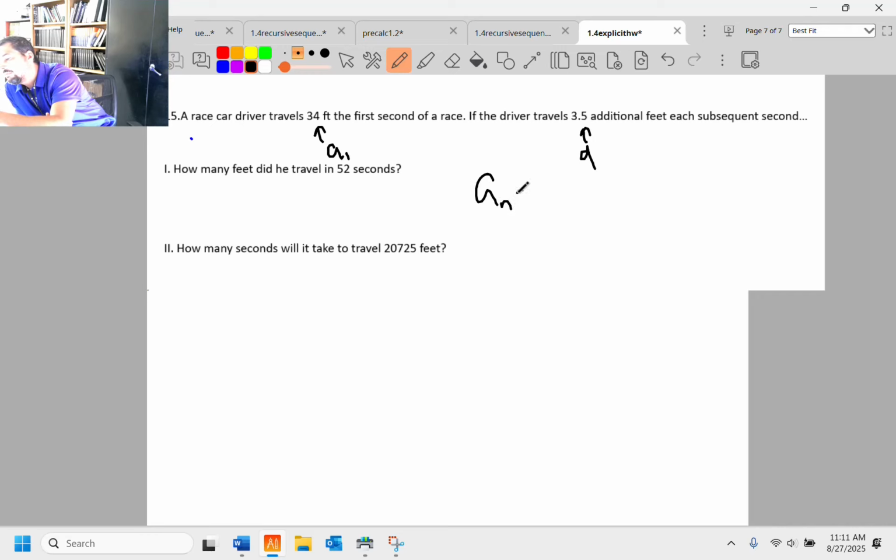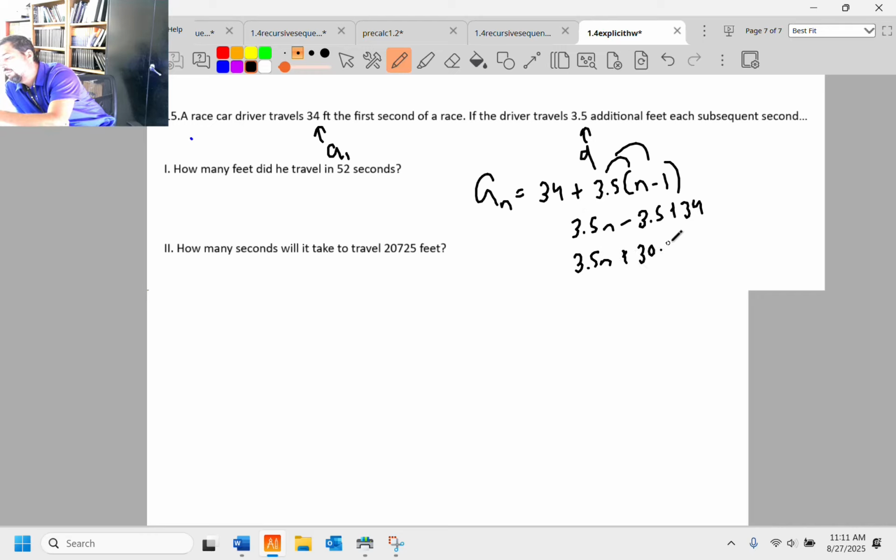So my explicit rule for this race car driver is 34 plus 3.5 times n minus 1. And we're going to make this in standard form. That'd be 3.5n minus 3.5 plus the 34 you already had. 3.5n plus 30.5. That is the nth term.